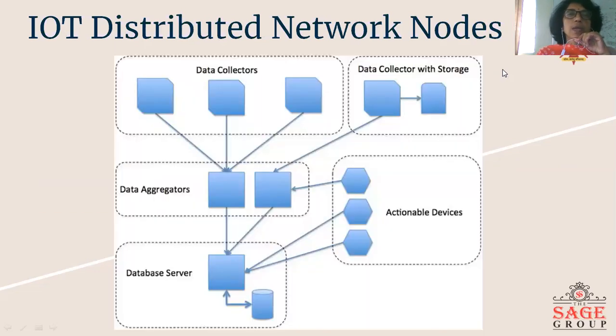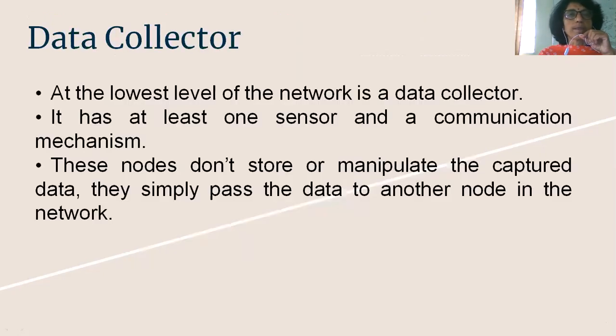This is the IoT distributed network node. It comprises data collector nodes, data collectors with storage, data aggregators, actionable device, and database server. Now we will go into detail of each one by one.